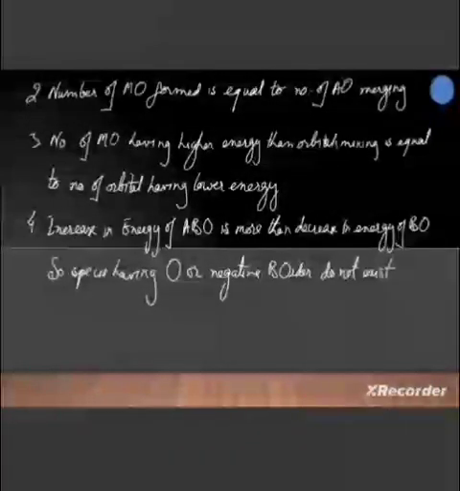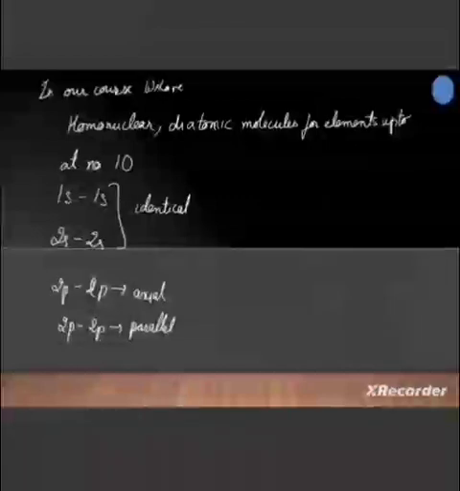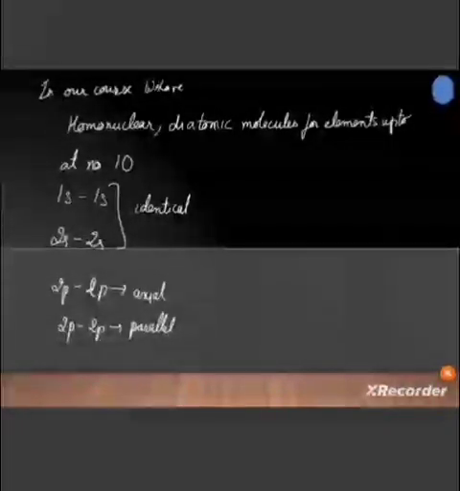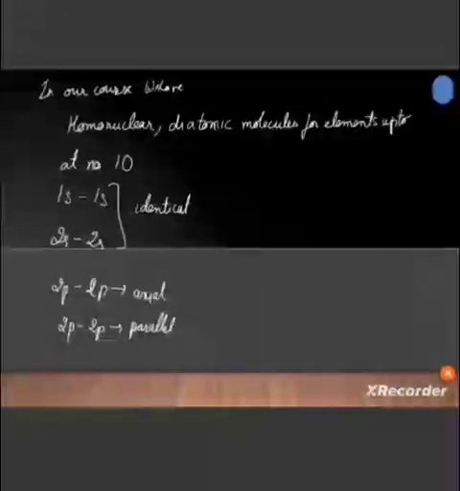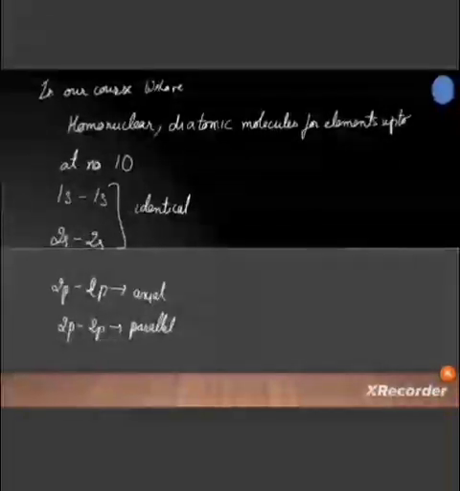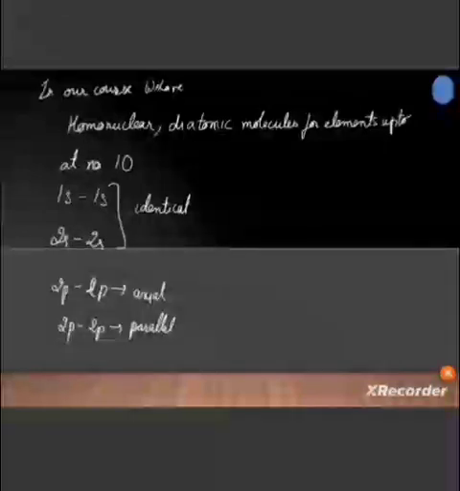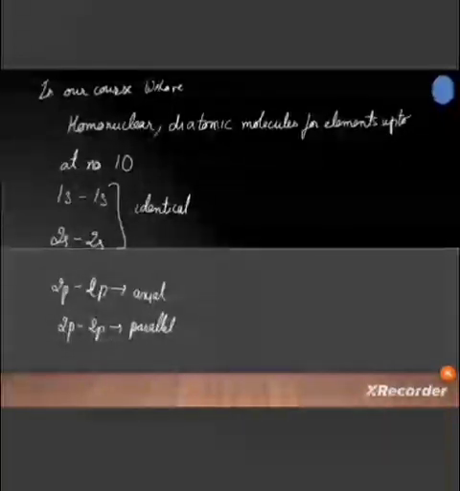Students, in our course, we will study the homonuclear diatomic molecules for the elements up to atomic number 10. We should know that a sigma bond is formed by the end-to-end overlap of orbitals along the internuclear axis. 1s atomic orbitals on the two atoms form two molecular orbitals designated as sigma 1s and sigma star 1s.